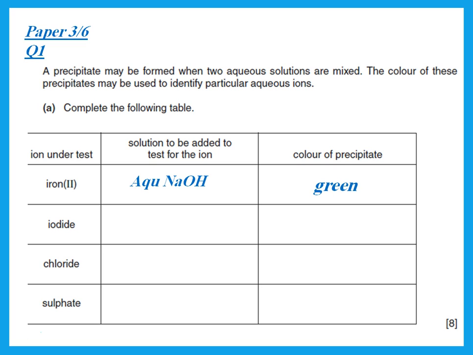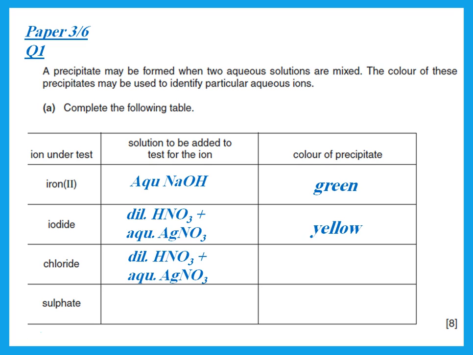What about the test for iodide? What do we do to test for iodide? Dilute nitric acid plus aqueous silver nitrate or lead nitrate. And we said with iodide I get a yellow precipitate. What about chloride? The same test: dilute nitric acid and silver nitrate or lead nitrate. You choose one of them. With chloride, what should I get? A white precipitate.